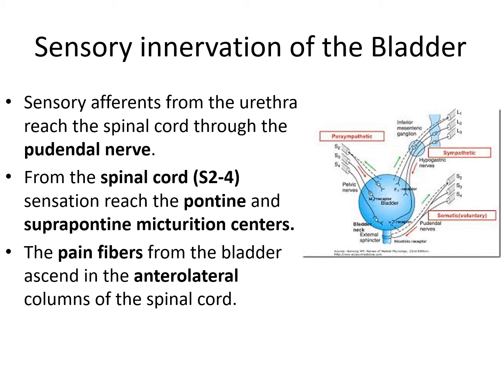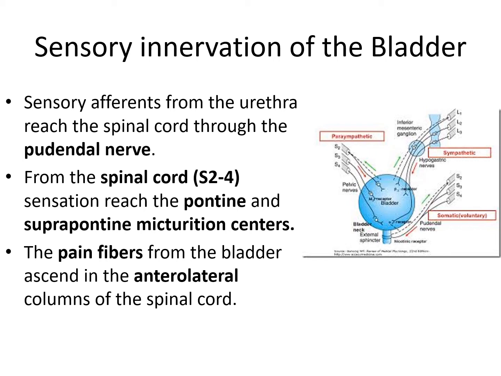In a condition which affects the anterolateral fibers of S2 to S4 of the spinal cord, what will happen then? The pain sensation from the bladder will be disturbed, but the feeling sensation which is responsible for micturition will remain intact.